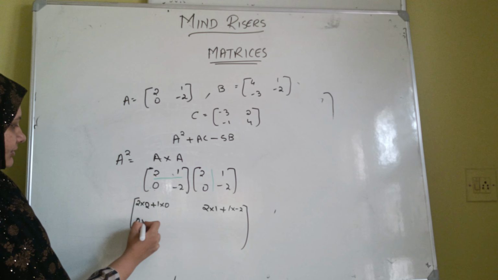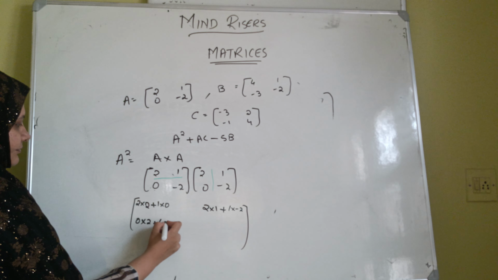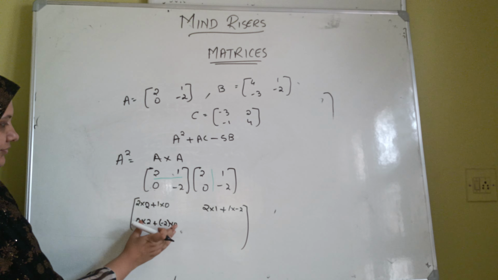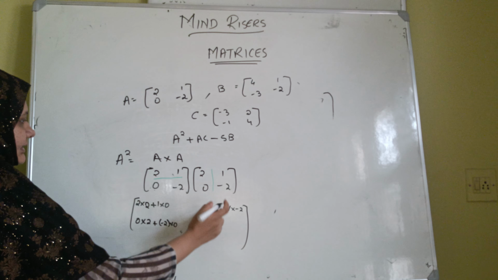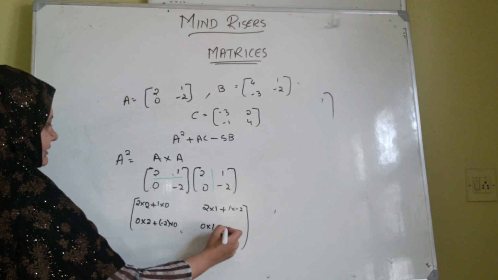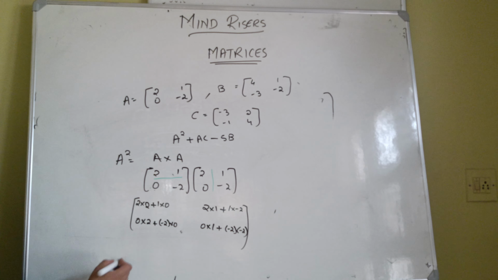Then 0 into 2 plus minus 2 into 0. So this is going to give the bottom one. Then 0 into 1, then plus minus 2 into minus 2.